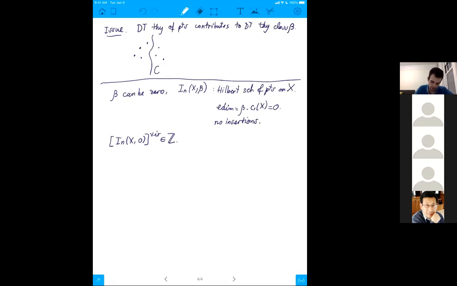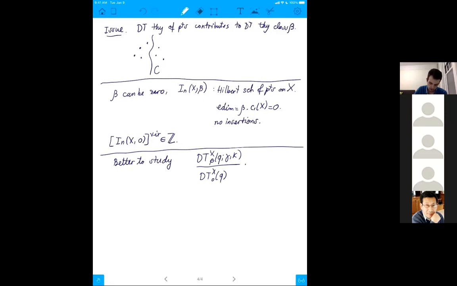Okay, so I'll say in a second what the DT theory of points is. But I was saying that this DT theory of points contributes to DT theory of any class beta. So it seems that it is better to study the ratio DT_X,beta(q; gamma, k) divided by the DT theory of a point.